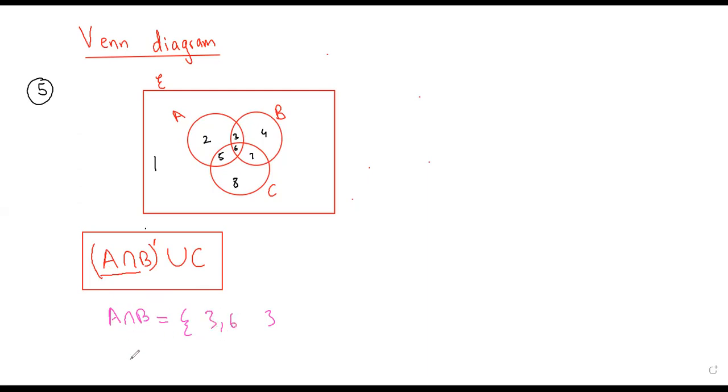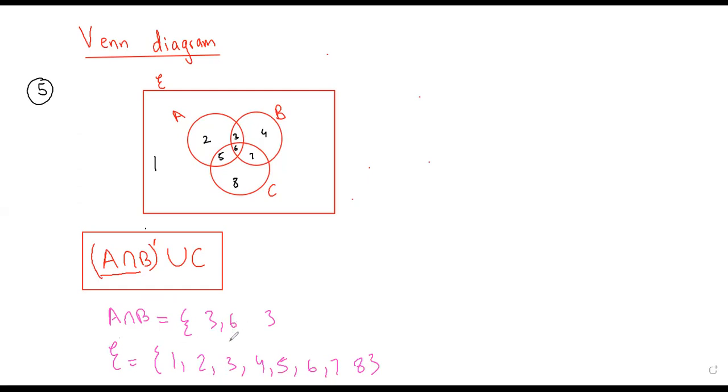Okay. Now it says A intersection B whole complement. So for that, I need to talk about the universal set. Universal set has 1, 2, 3, 4, 5, 6, 7, and 8. Okay, these are the elements in the universal set.